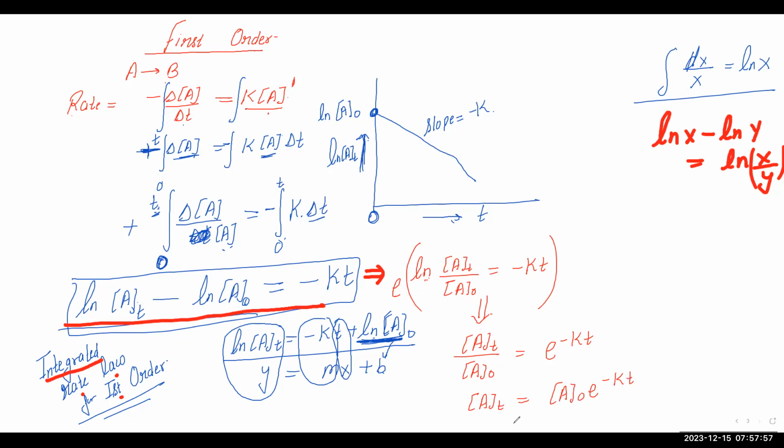These are different mathematical forms. Even this can be written like this. I can get rid of this negative. When you get rid of this negative, the ratio will get reversed: ln A naught over At is kt.